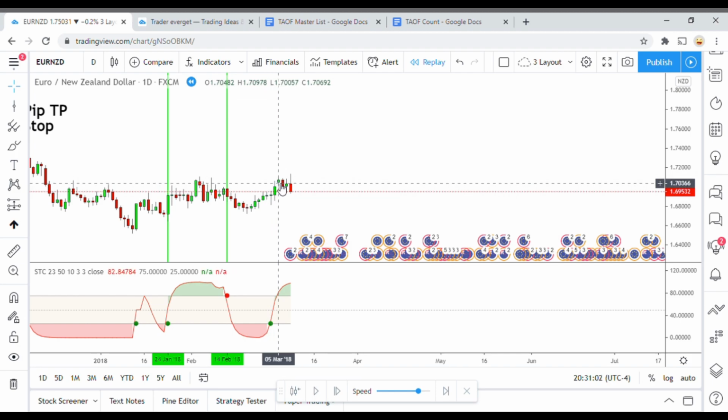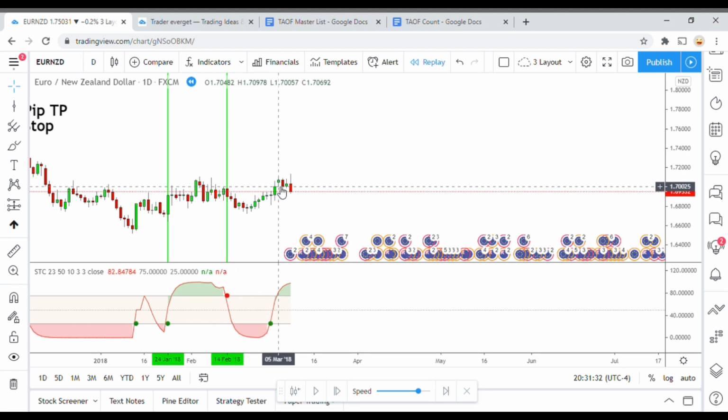Now, this one would have closed on Friday, and this one would have opened Sunday evening. Instead of just opening the trade on this candle as soon as it opens, if we did that, it would put us at a disadvantage because it did gap up higher when it opened.